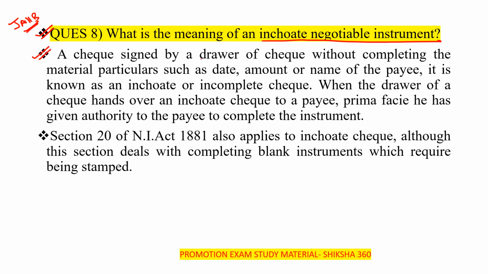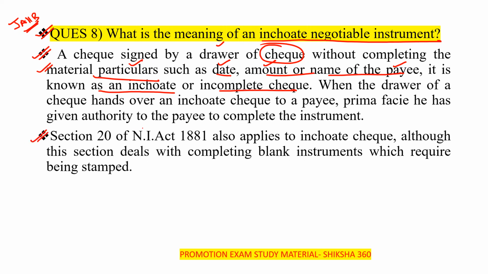A cheque signed by the drawer, that is the person writing the cheque, without completing the material particulars, such as date, amount, or name of the payee, is known as an inchoate or incomplete cheque. Clear?